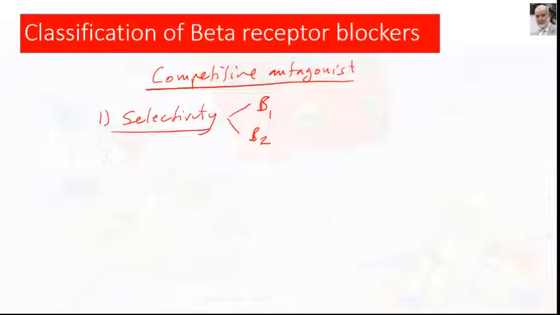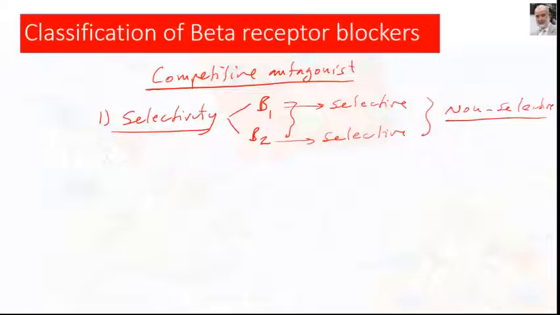Therefore, there are certain beta blockers which are selective beta-1 blockers, some of them are selective beta-2 blockers, and some of them are non-selective, meaning they block both beta-1 and beta-2. The beta-2 blockers actually have no clinical application, only experimental value. What is important for us are the selective beta-1 blockers.